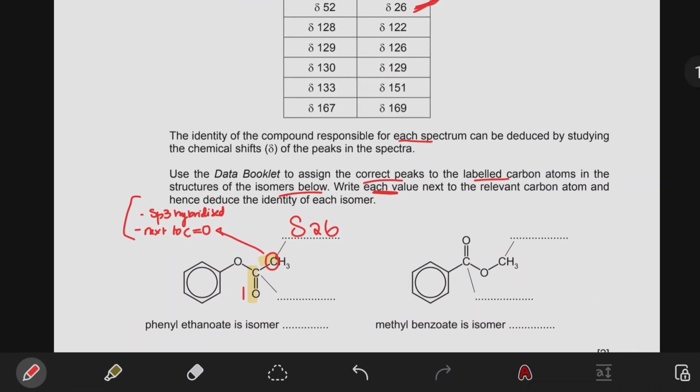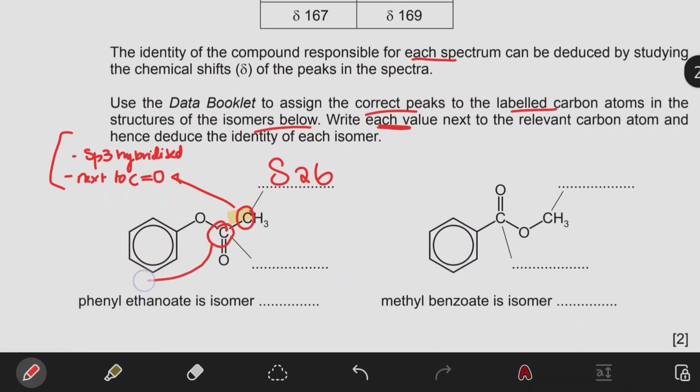Now for this carbon, first of all, it is sp2 hybridized, and also carboxyl.